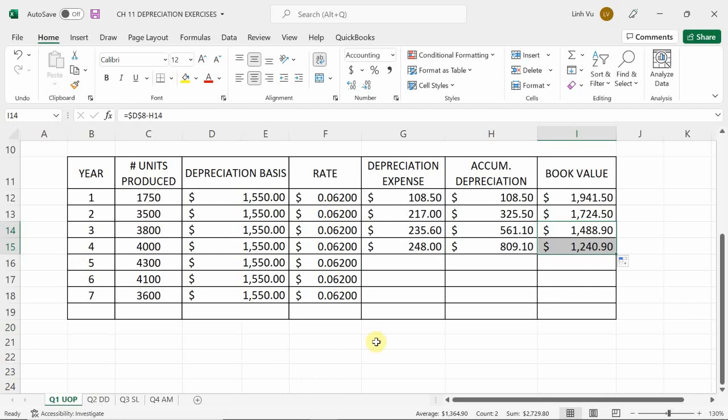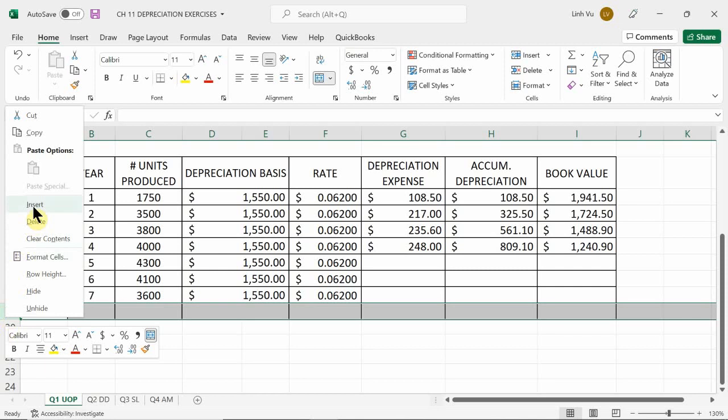Mm-hmm. Okay. And we finish with all of them the same way. We need to do the units per hundred by the rate and just give us the numbers until we finish, all the way to the bottom, because the bottom is going to tell me something.